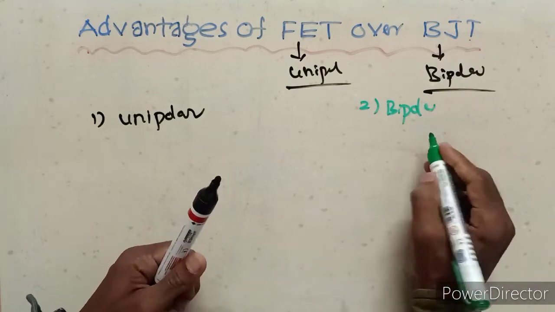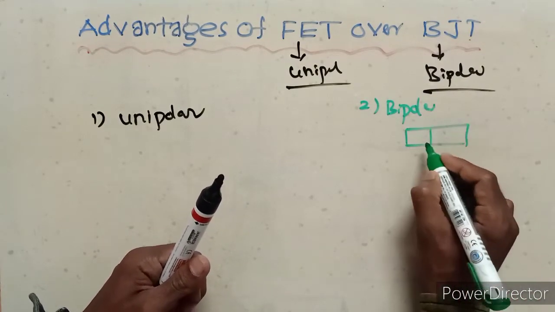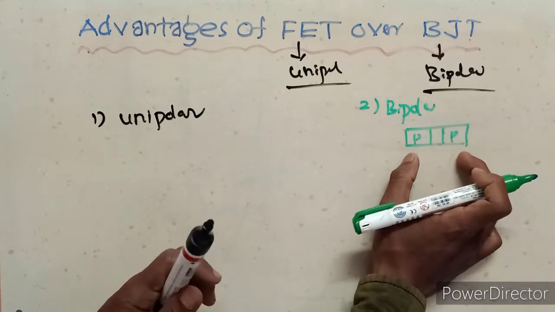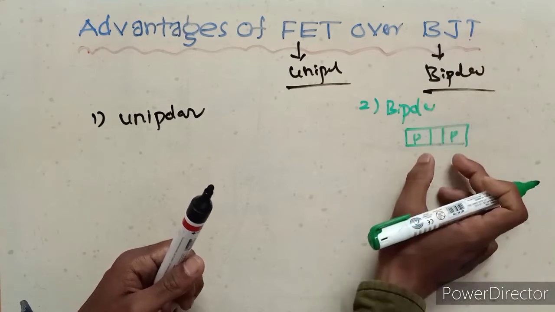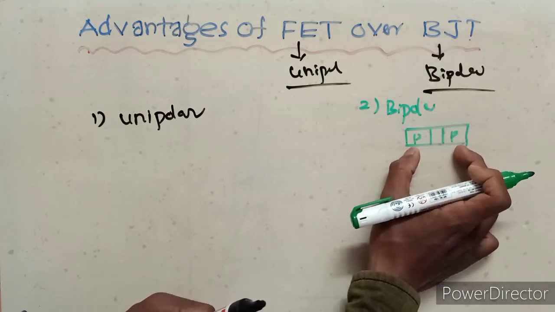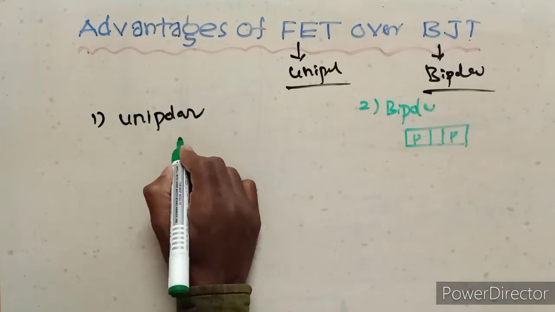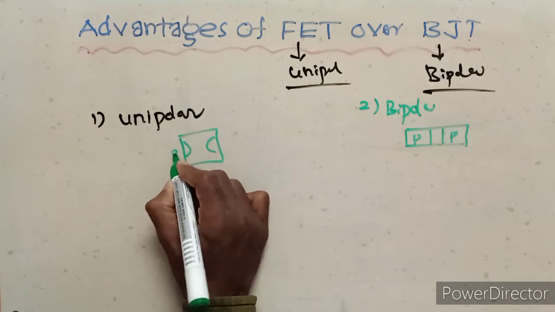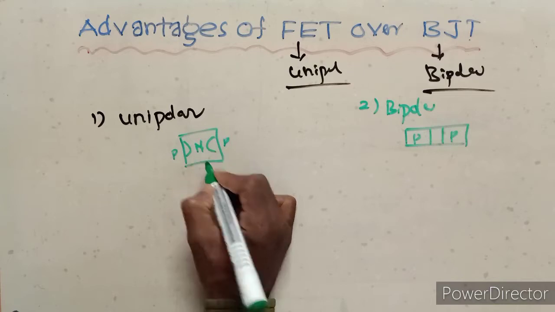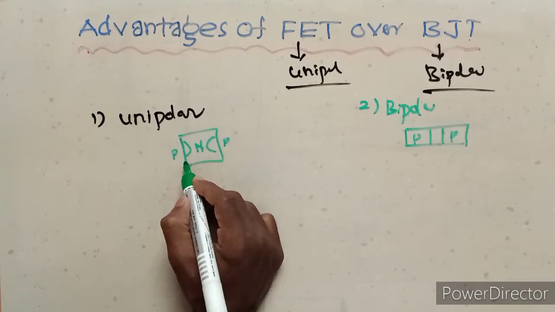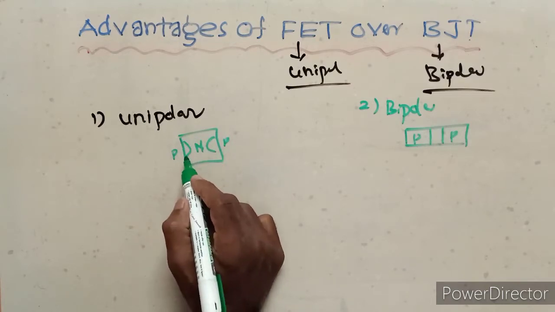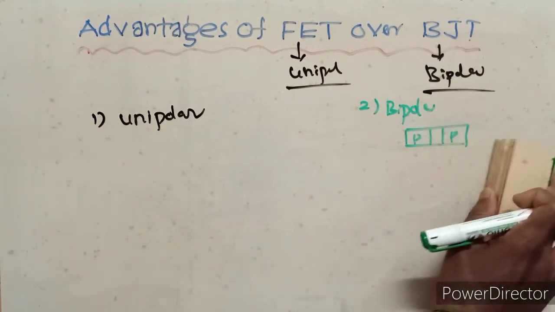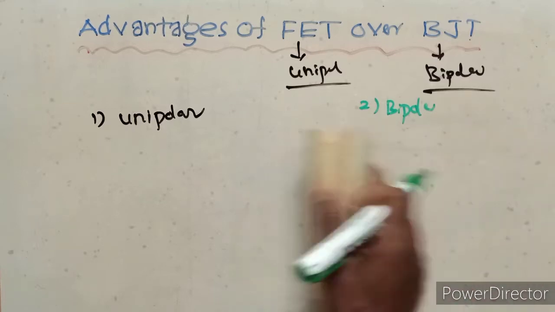In this BJT, PNP, there are two majority charge carriers. This is the P, this is the P, this is the N. Here there is only one majority charge carrier. So FET is the unipolar device, BJT is the bipolar device.